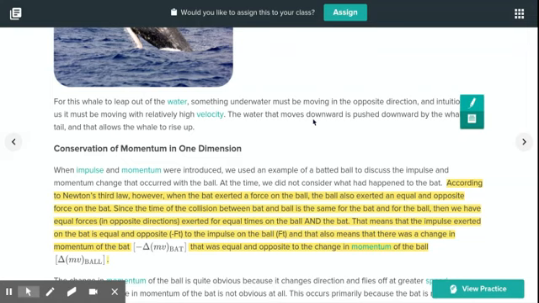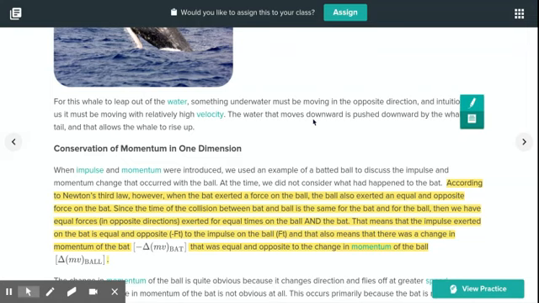Okay? So, according to Newton's third law, if there is an action on one object, there must be a reaction on the other object. So when you are hitting a ball with a bat, the bat exerts a force on the ball. The ball also exerts an equal and opposite force on the bat.